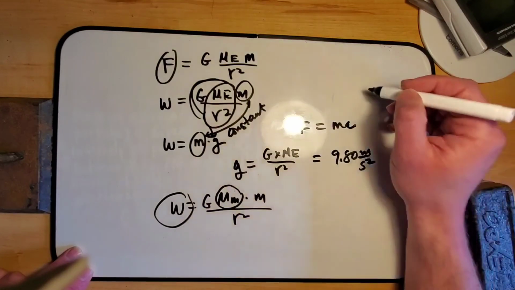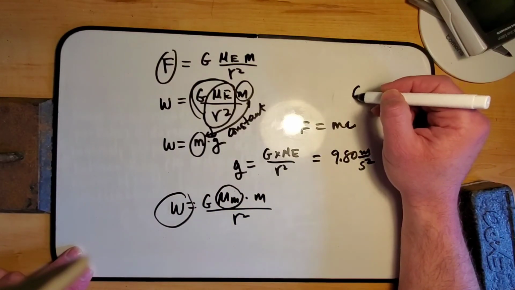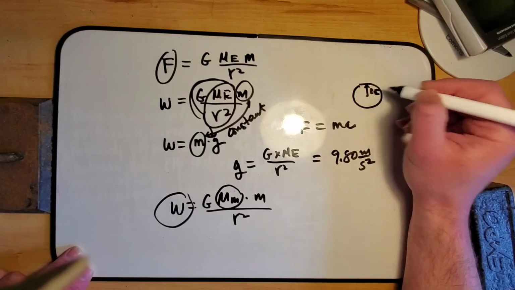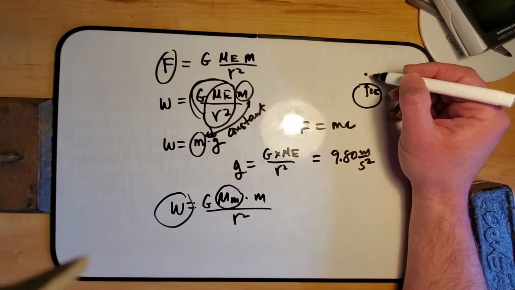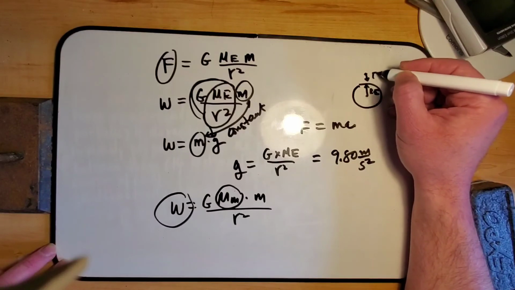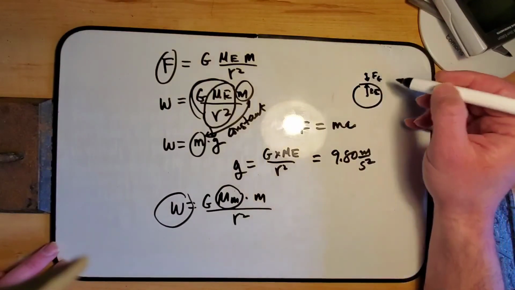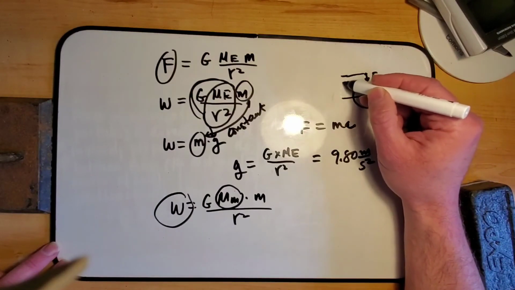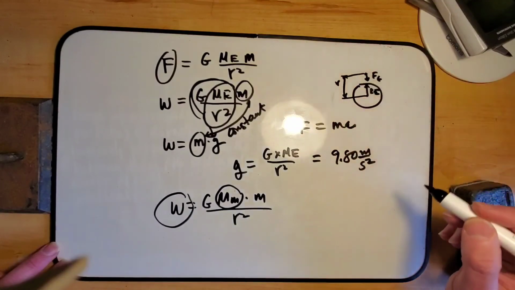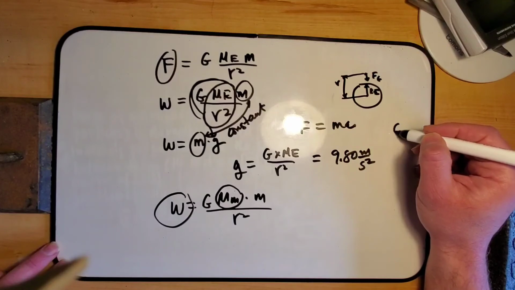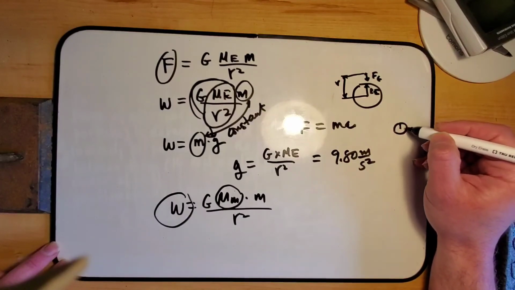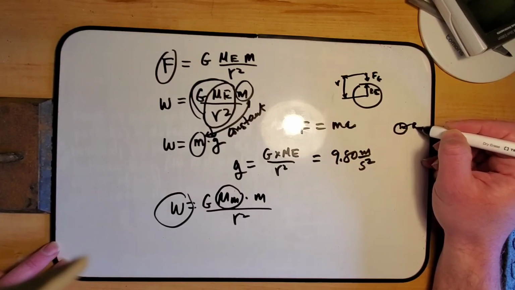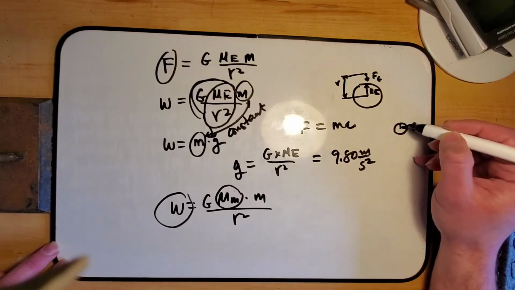So in other words, when you're standing on the Earth here, let's say this is your Earth, this is the radius of the Earth, and this is some object, and of course it's being pulled in by the force of gravity, and we have this distance R. And this same object, let's say, on the moon, which is much smaller, the radius R sub moon is of course smaller also.